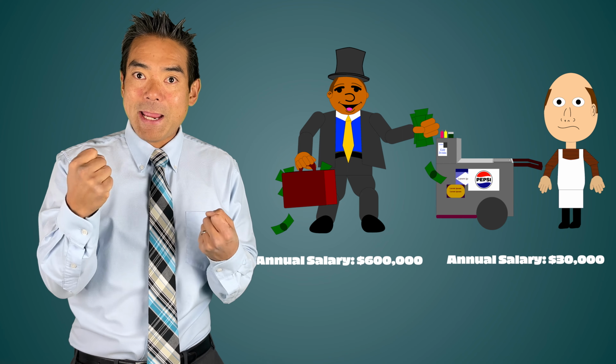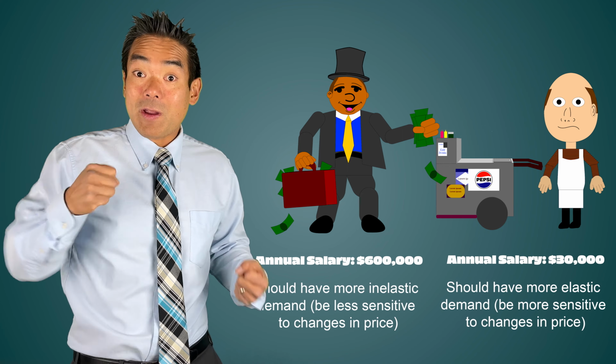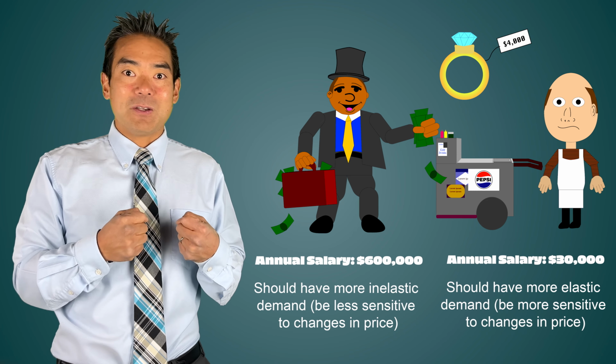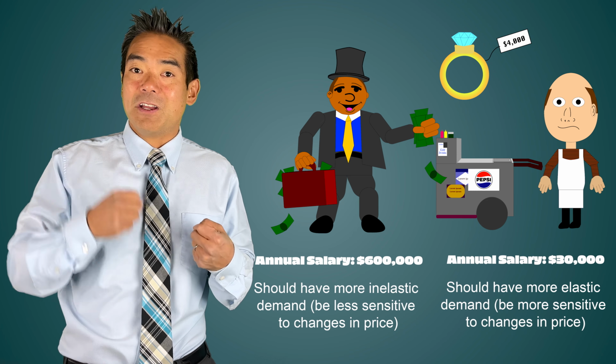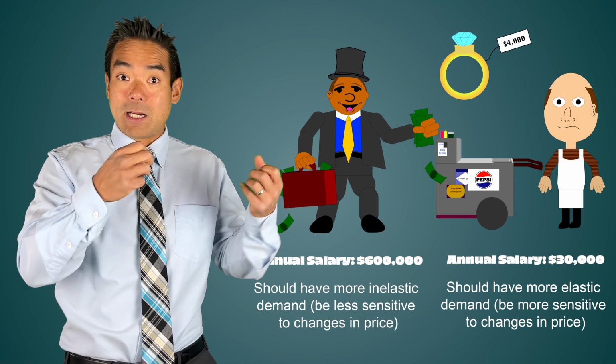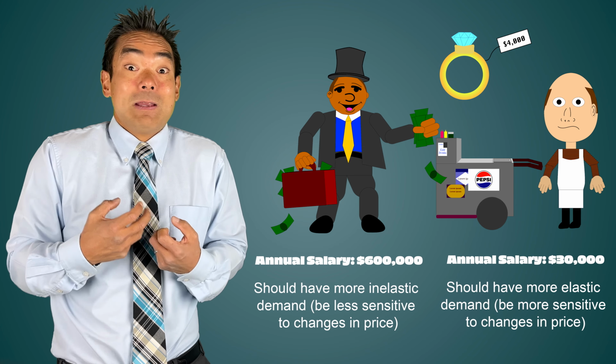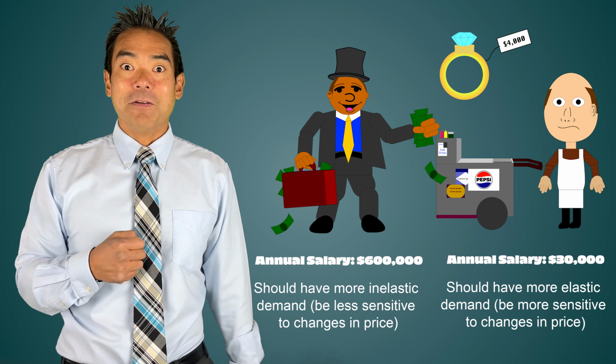We would expect the banker to have more inelastic demand for most goods, as all of these goods are taking a smaller proportion of his total income. The price of the ring doubled from $2,000 to $4,000? Well, if you're an investment banker and you earn $50,000 a month, that price increase might not be such a big deal. But if you only earn $2,500 a month, like our service worker, then that really might make that wedding ring unaffordable.